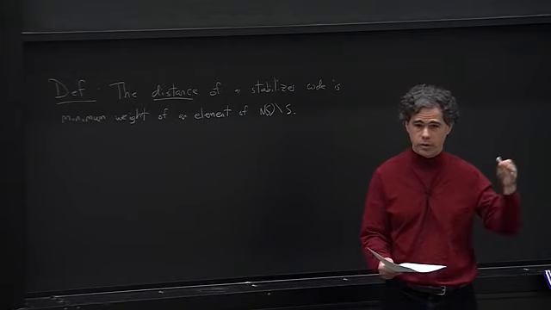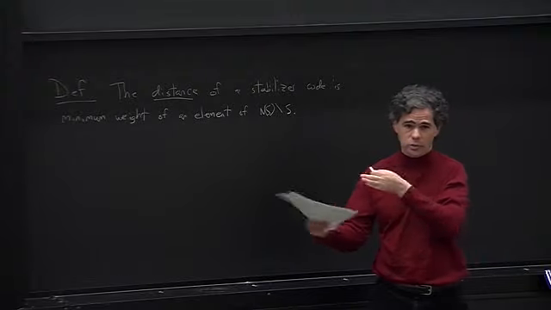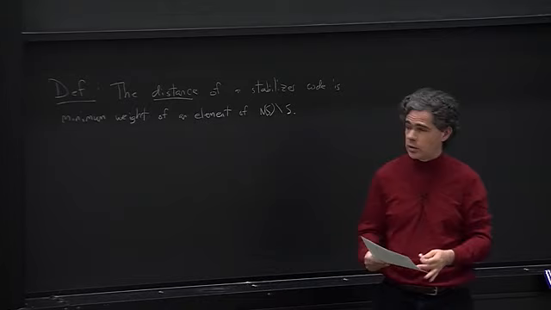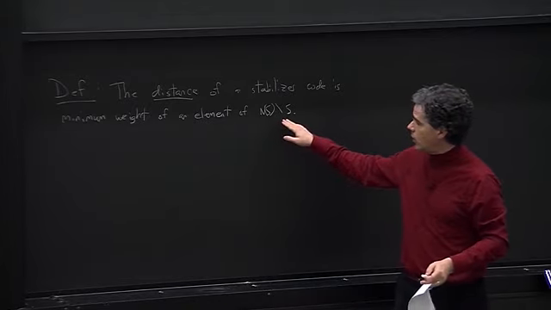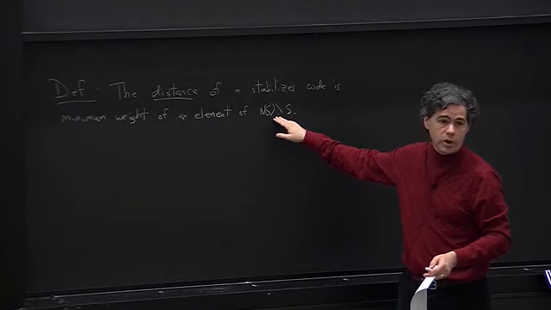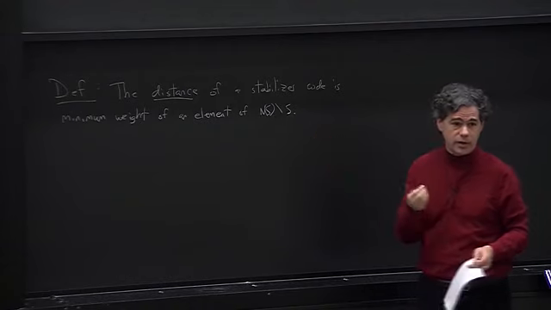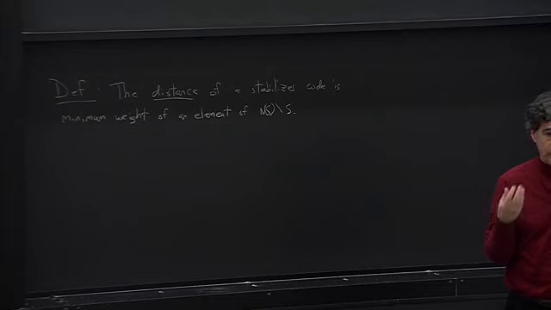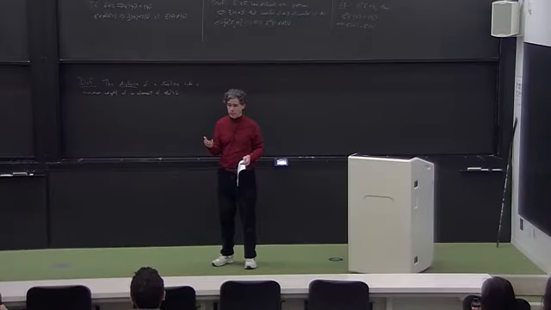So if it's a tensor product of I on some and X, Y, Z on the others, it's only where the X, Y, Z's are. You count how many there are. That's the weight. And this is saying you take the smallest weight thing in N(S) minus S. So that's the smallest undetectable error. And the weight of that is the distance. OK? You can think of it as the fewest number of qubits you have to act on to get from one code word to a different code word.